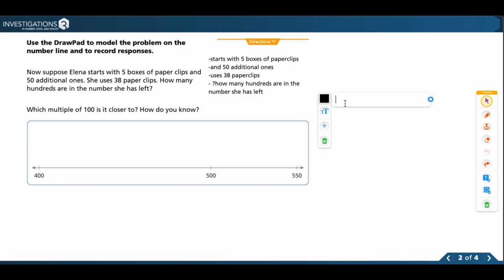So now I'm going to make an equation. So I'm going to write that 5 times 100 because there's 5 boxes and there's 100 in each box, plus 50, because then she gets 50 more, minus 38. And that's what we're trying to figure out. And I see that there's a lot of operations here. So I'm going to make it in parentheses of what's happening first.